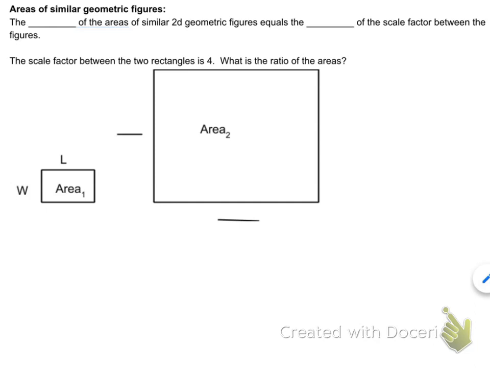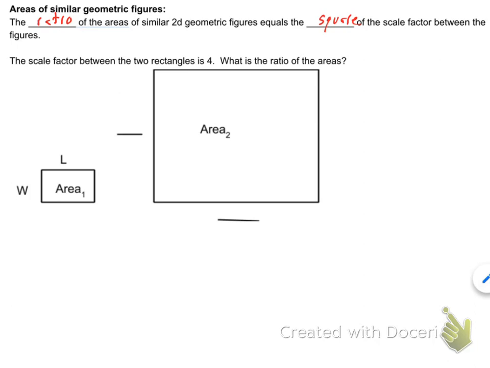The ratio of the areas of two geometric figures equals the square of the scale factor.